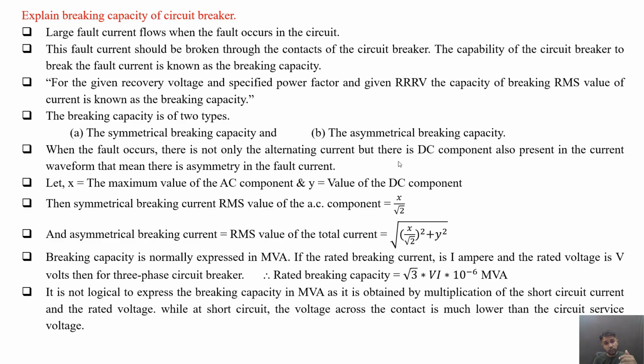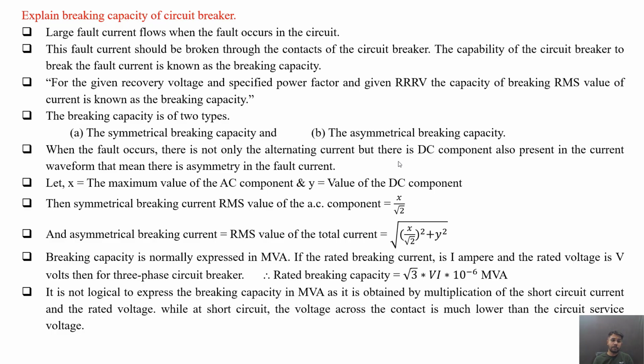Now suppose when the fault occurs, there is not only the alternating current component, but there is a DC component also present in the current waveform. That means there is asymmetry in fault current. So now suppose let X is equal to the maximum value of the AC component and Y is equal to the value of the DC component.